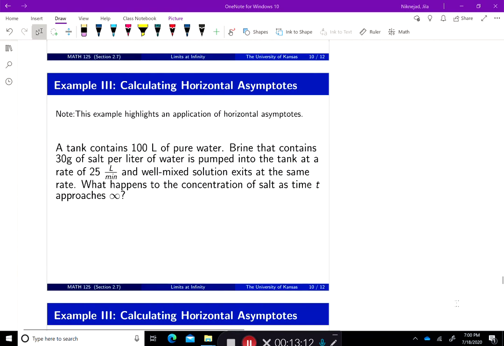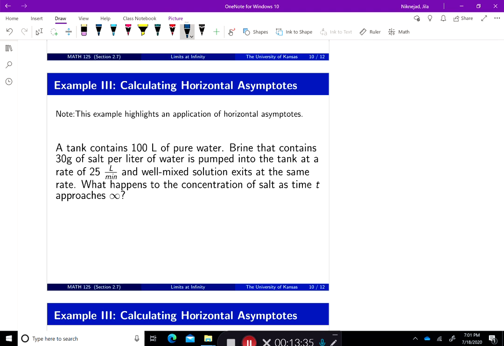So let's do one applied example. Example 3, calculating horizontal asymptotes. The interesting part of it is just that you get some idea about what horizontal asymptote means for us in real life also.